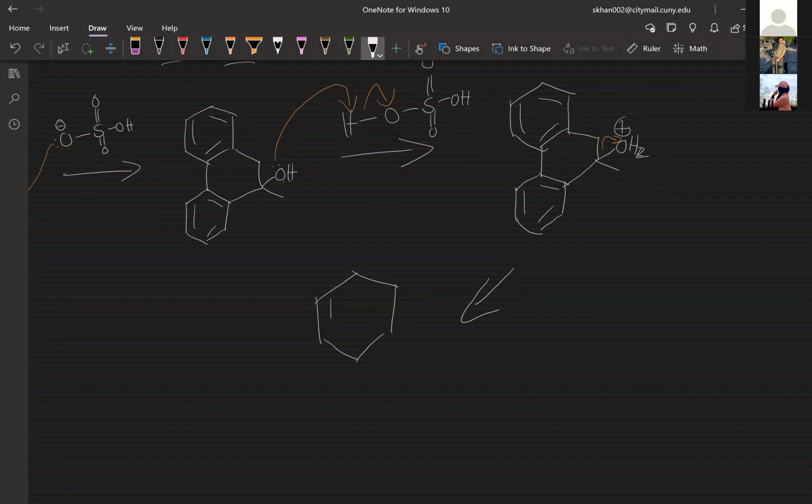Okay, we're almost there. Plus, can this rearrange? Or I should say, will it rearrange? Would the hydrogen on carbon 1 come down to make a double bond?